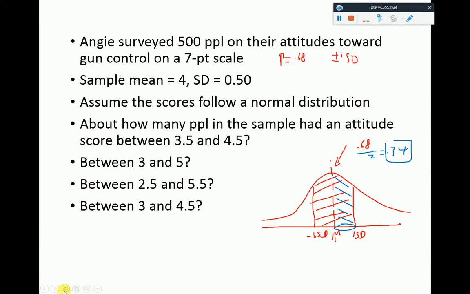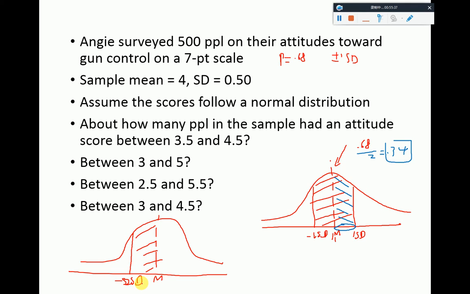Okay, and then we can similarly find out what's the probability of observing any value that's between the mean and two standard deviations below the mean, this part.